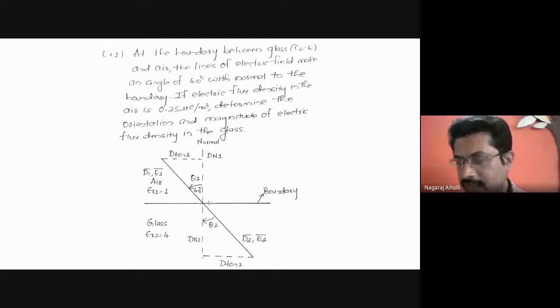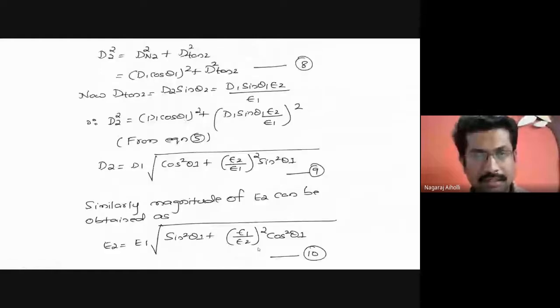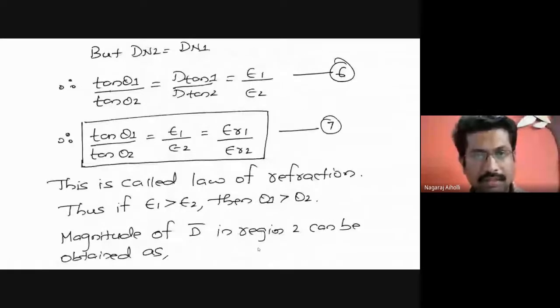Right. Next, we'll go for the next step. Once we have found the value of Dtan1, we use this equation: Dtan1 by Dtan2 is equal to epsilon 1 by epsilon 2, that is equal to epsilon R1 by epsilon R2. Let us go back and see that equation. Dtan1 by Dtan2 is equal to epsilon 1 by epsilon 2, and further epsilon 1 by epsilon 2 is equal to epsilon R1 by epsilon R2.